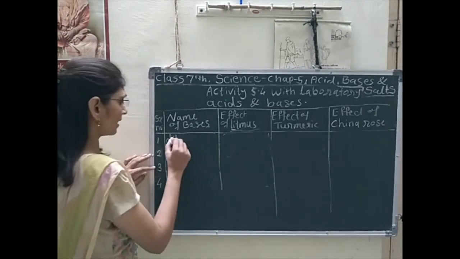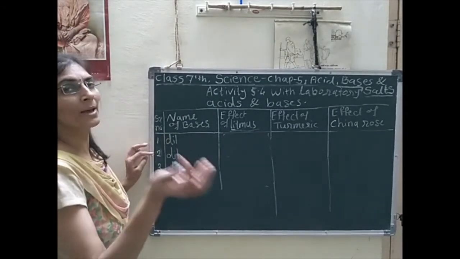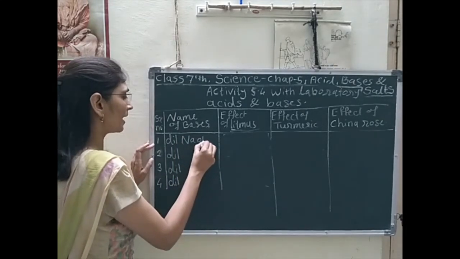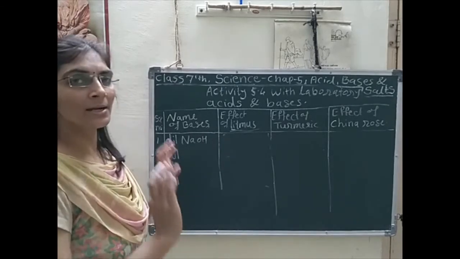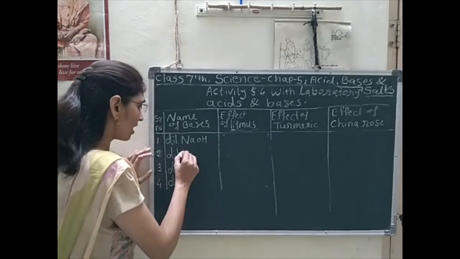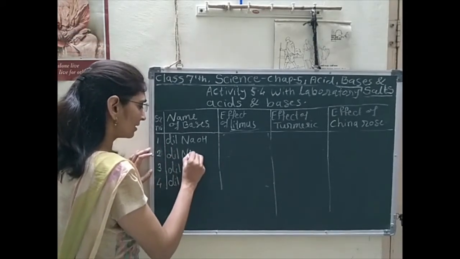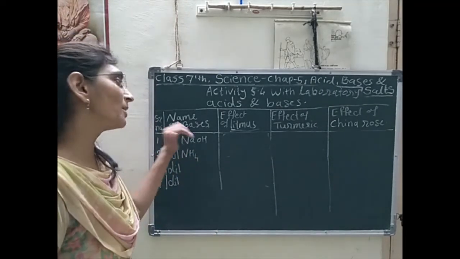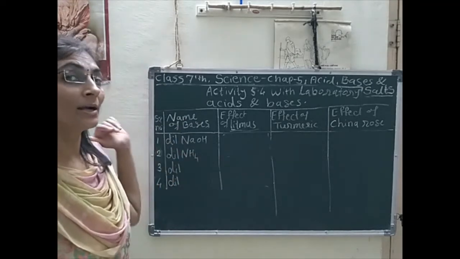First, the sample of standard base is dilute NaOH. Then the second base we have taken is ammonium hydroxide, NH4OH. Purposely I am writing the chemical formula here, as the names of these substances are mentioned in our textbook.